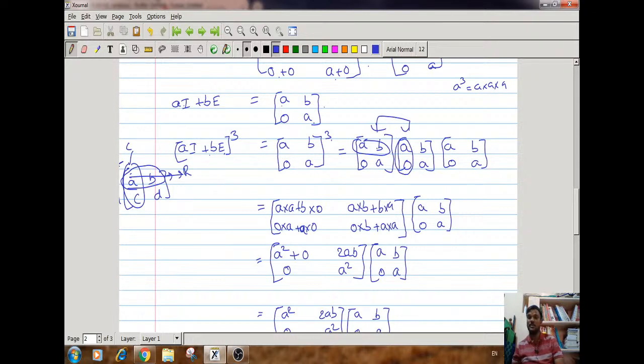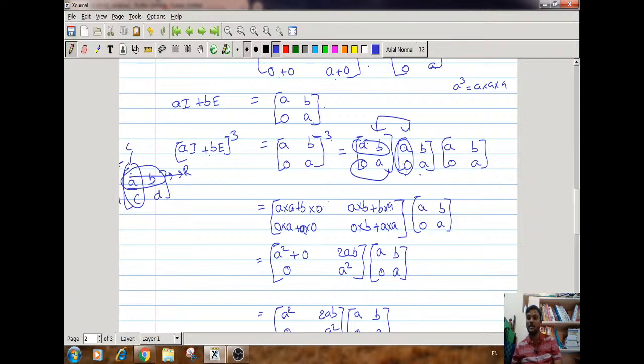This A, B with A, 0 we need to multiply. Okay? The first row of the first matrix is A, B, right, and the first column of the second matrix is A, 0. So A into A I wrote here, A into A plus B into 0 I wrote, and first row into second column, that means A into B plus B into A, B into A I wrote.